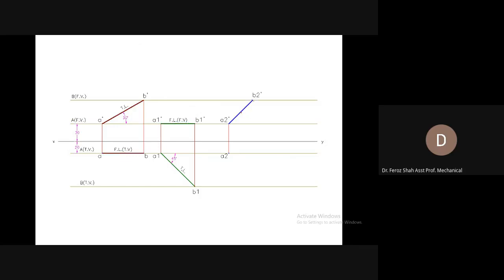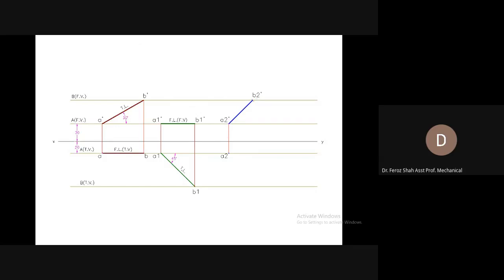Open the compass and draw a line. That line would intercept the locus of end B at this position. So join the intersection point with end A. So you got the front view.